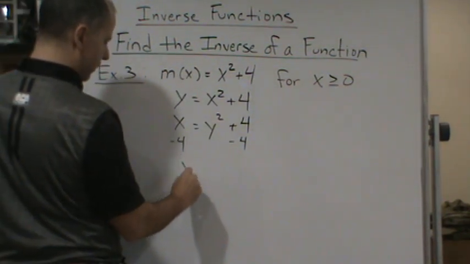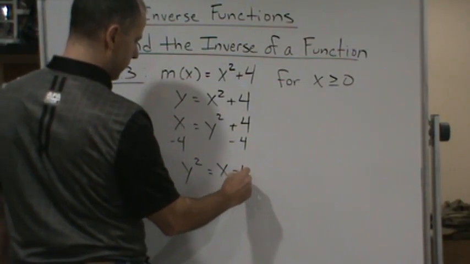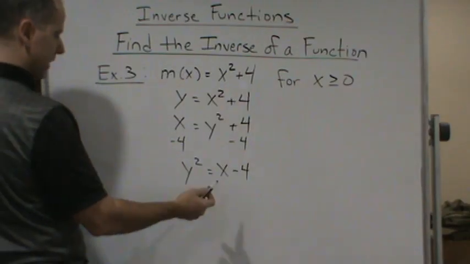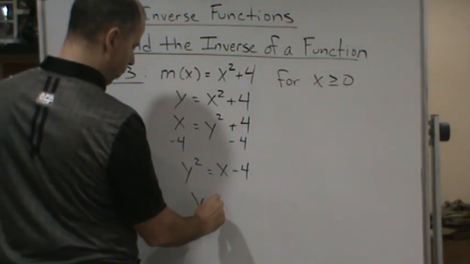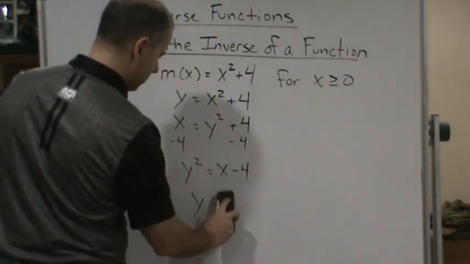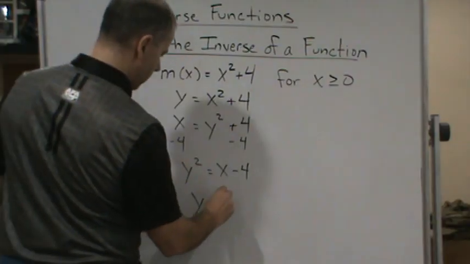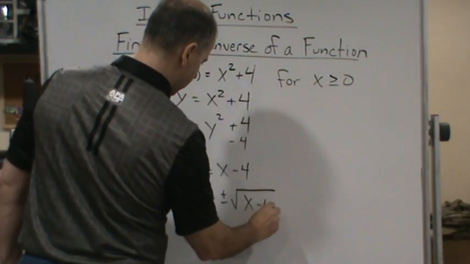And so that's going to give us y squared equals x minus 4. And now we're going to take the square root of both sides. And this is going to give us y equals plus or minus the square root of x minus 4.